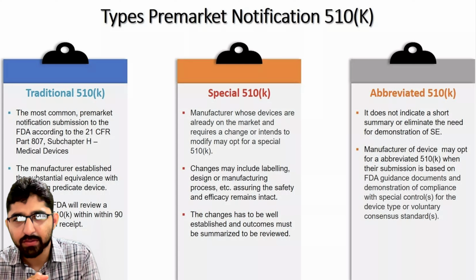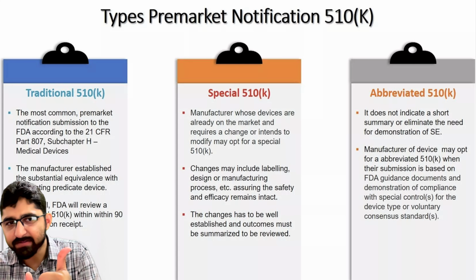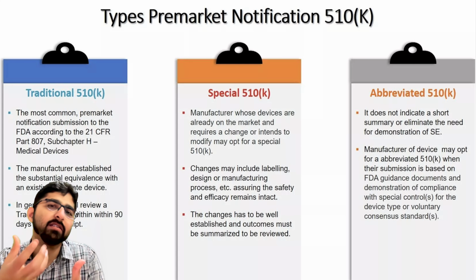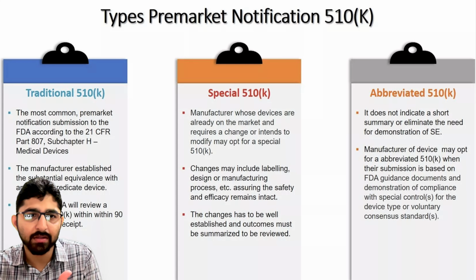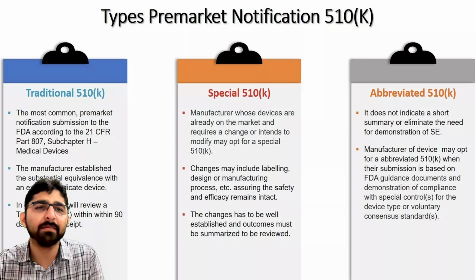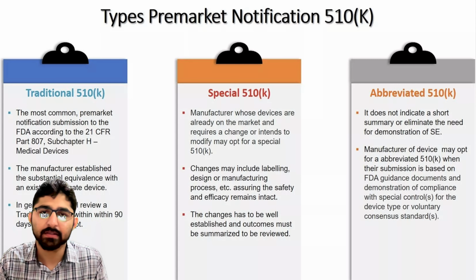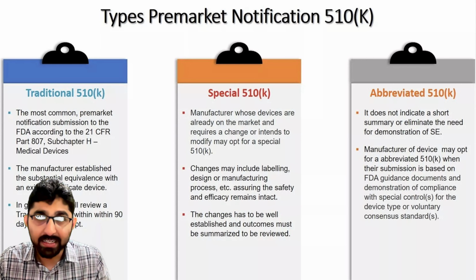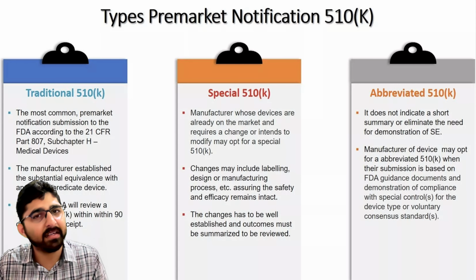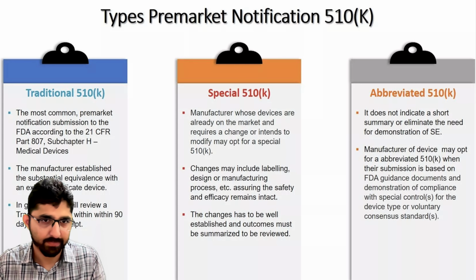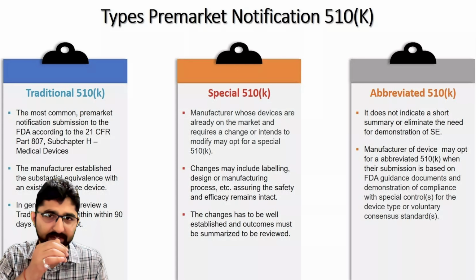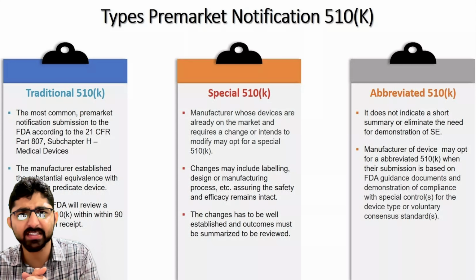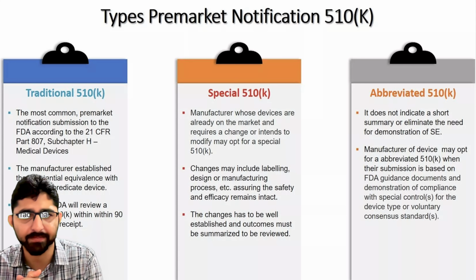So दोस्तों, the first one, which is called the traditional 510K route, is mainly applicable for new devices or devices which have never been cleared into the American market, right? Or devices undergoing a significant change, that are called the traditional 510K.